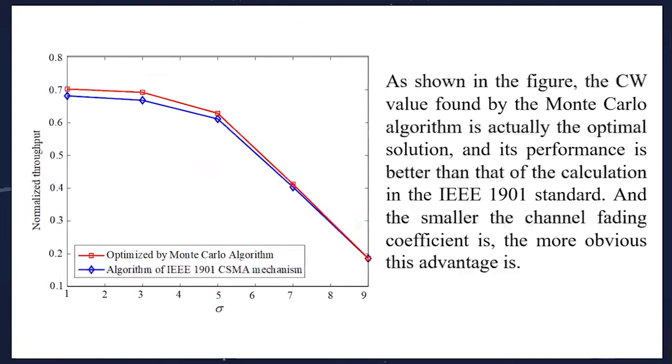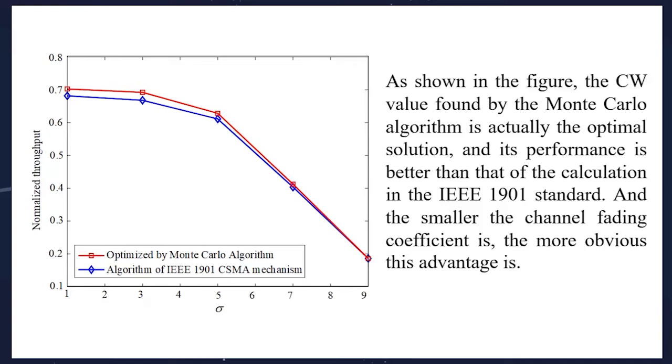This figure shows the performance result based on the CSMA protocol standard and the curve comparison chart of the throughput corresponding to the optimal contention window value under different fading coefficients obtained based on the Monte Carlo algorithm.